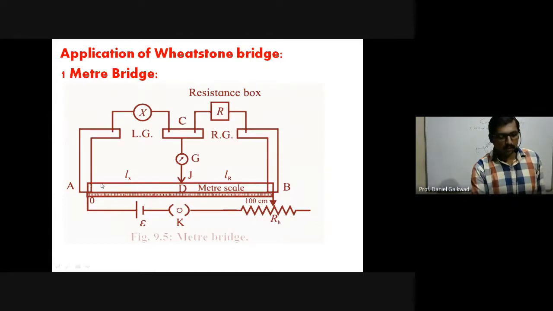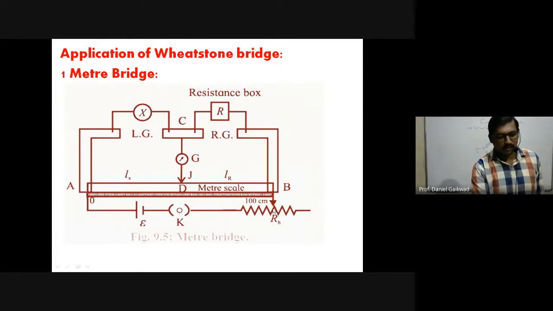Now on the lower side we have point A of the strip connected to point B, and that will be the uniform metal wire. So from A to B, that is the uniform metal wire stretched between points A and B. And from point A we have the positive of the battery or cell, the negative goes to the key and rheostat, and the rheostat to point B here.